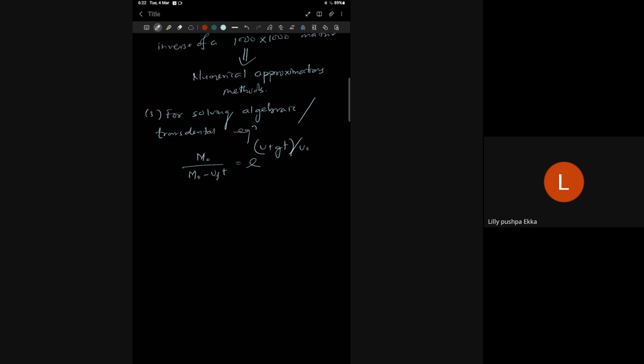This is basically the reducing mass equation for a rocket propulsion. For rocket propulsion, we need to solve this equation to get the value of t, and for this we need approximation methods.